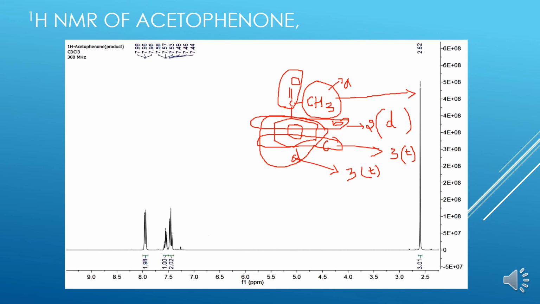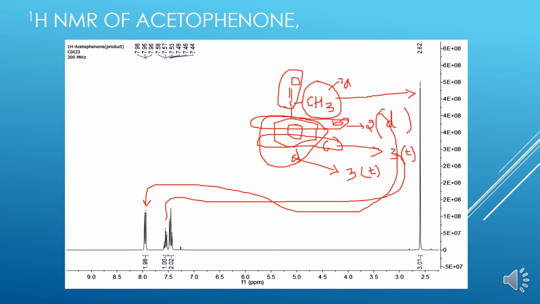This CH3 gives a singlet which is observed in the region of 2.62 ppm. The ortho protons are a doublet here, observed in the region of 7.9 ppm. The meta protons are observed in the region of 7.6.